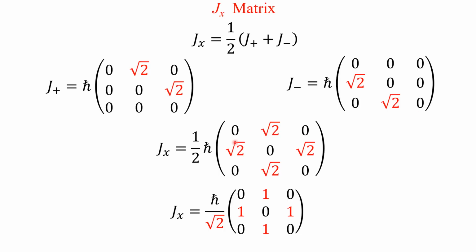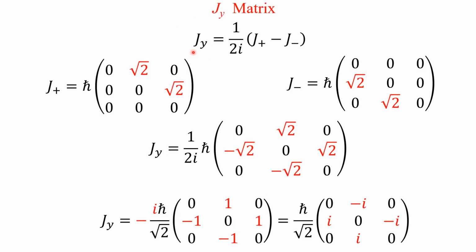Similarly, these two elements come here. Outside there is a 2. So you can take square root 2 outside the matrix. So square root 2 divided by 2 is equal to 1 over square root 2. So h cross over square root 2, all these elements will become 1. So these become 1, and these two become 1. This is the Jx matrix.